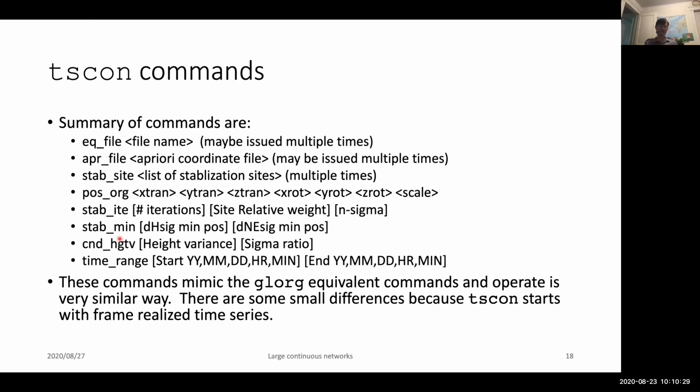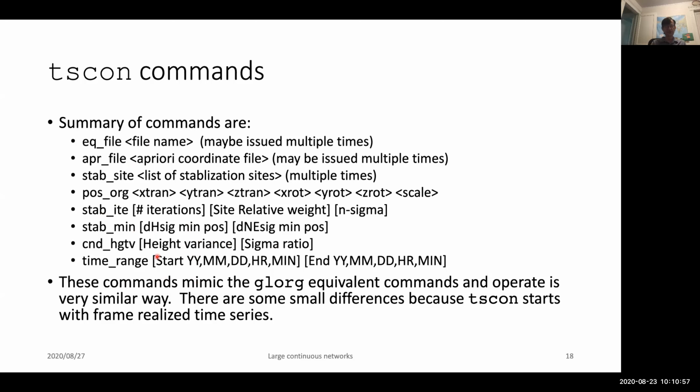Again, there's a condition on the height variance. This one only takes two arguments because there's no velocity term in TSCon; it's just doing one day at a time. And the time range works the same way as for TSFIT. All of these commands are meant to be GLOBK equivalents, but because they deal with time series, there are small differences in the way things work.